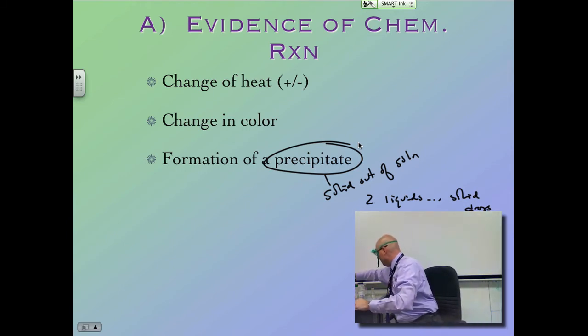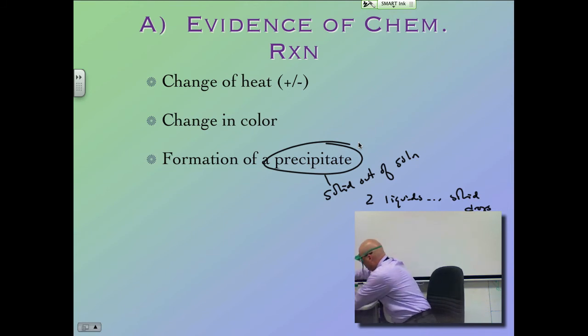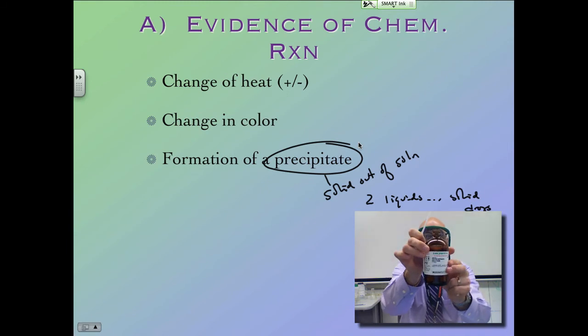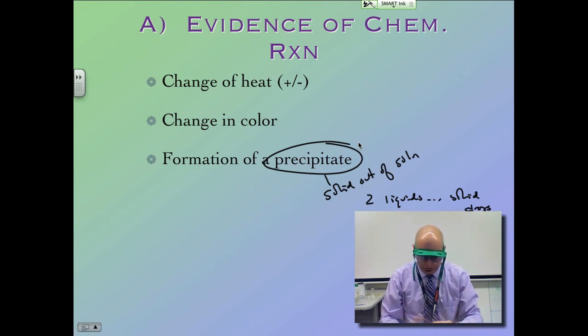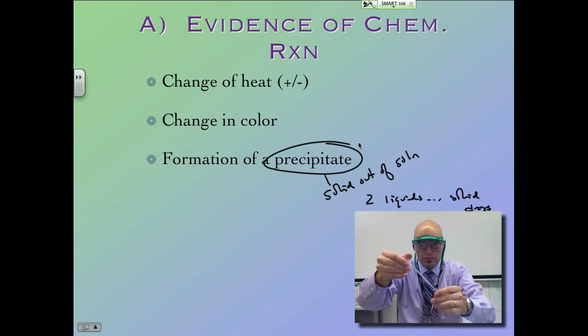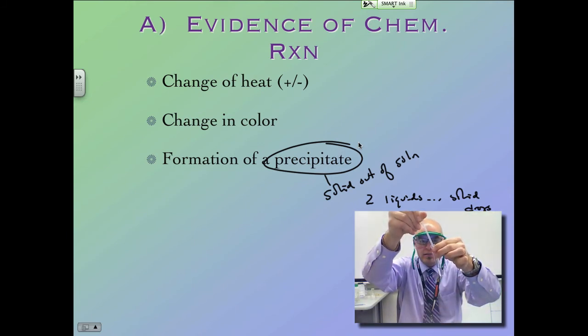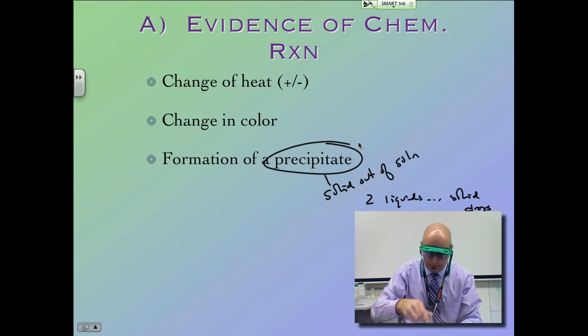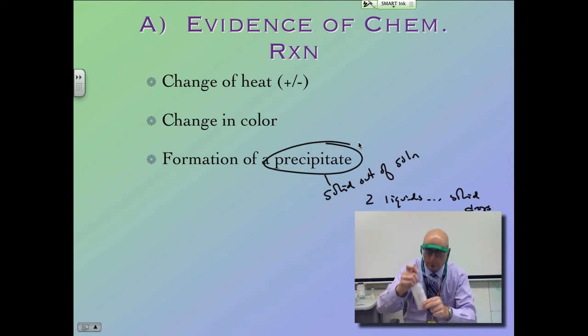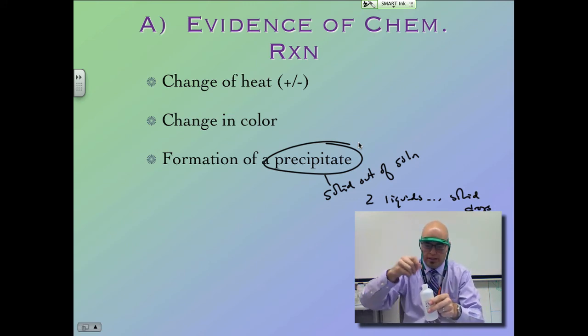Another example of that is if we have some silver nitrate. Silver nitrate's another solution that's clear. I'm just going to put some silver nitrate in a test tube and some hydrochloric acid.